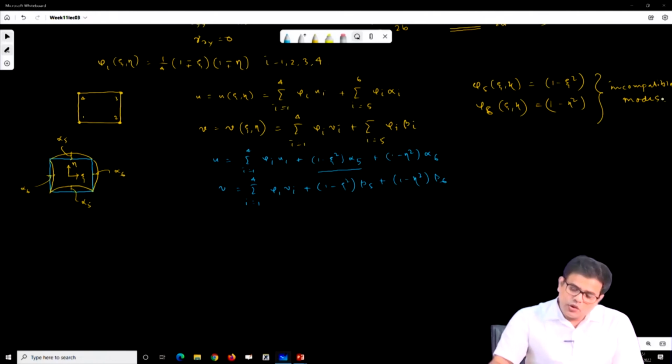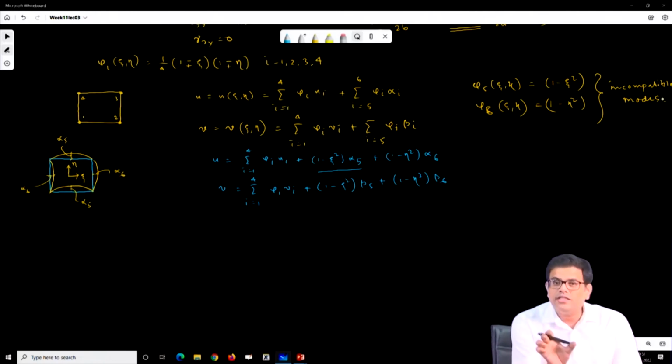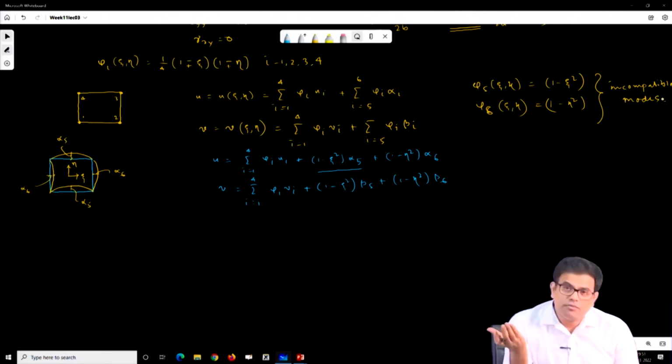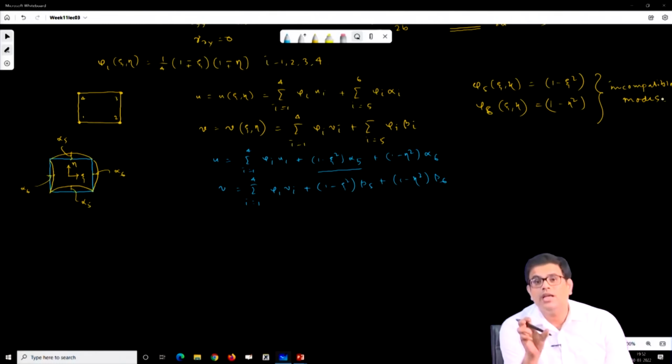Now suppose this mode is activated in this element, but in the neighboring element this mode need not be activated. So it can activate a different mode altogether. That will create a gap or overlap in the system.